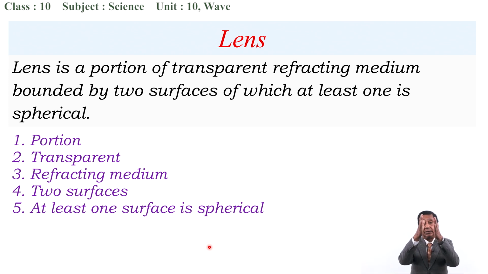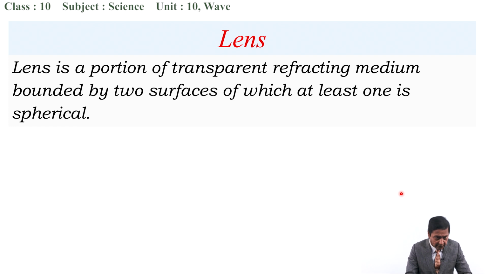If both the surfaces are plane, then it becomes a window pane, not a lens. That's why we can say that lens is a portion of transparent refracting medium and it is bounded by two surfaces of which at least one is spherical. This is the definition of lens.